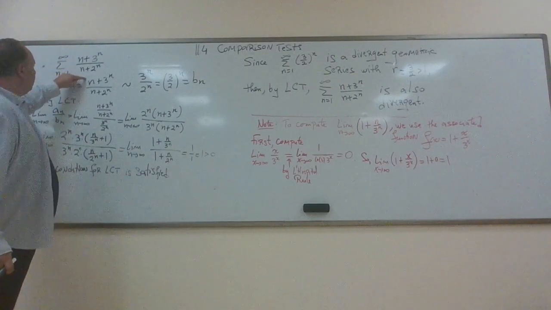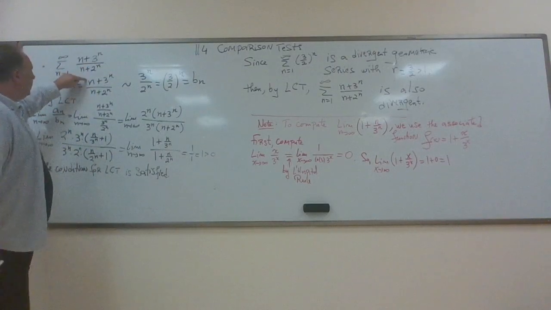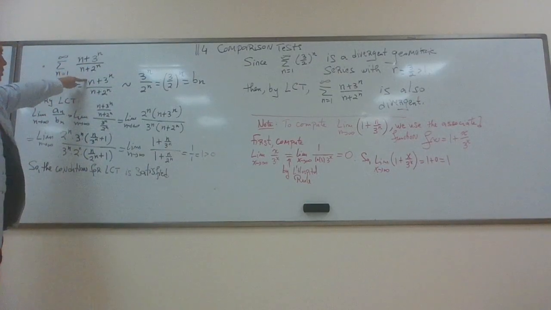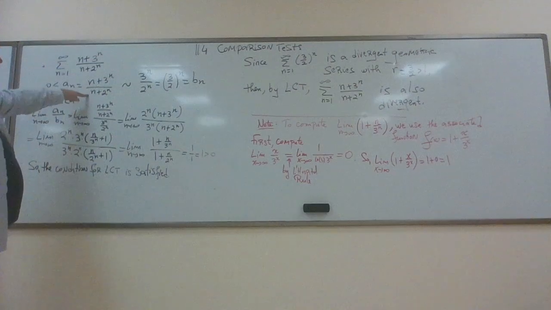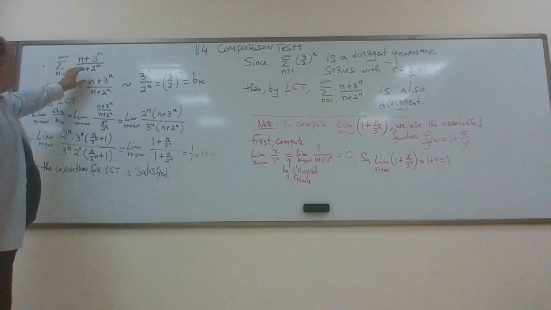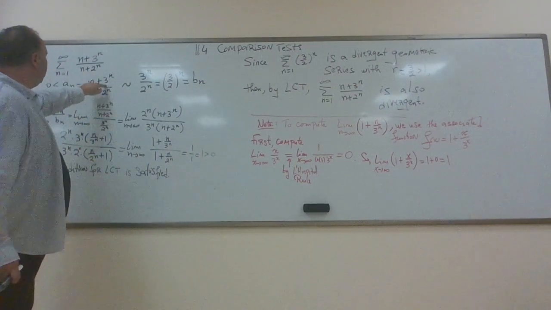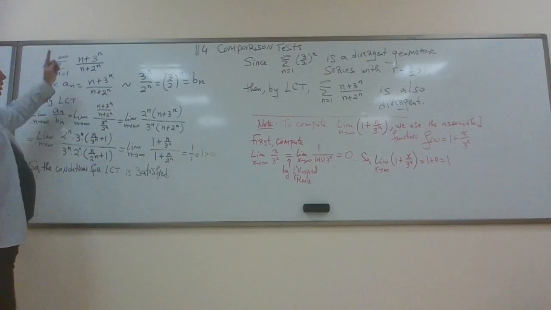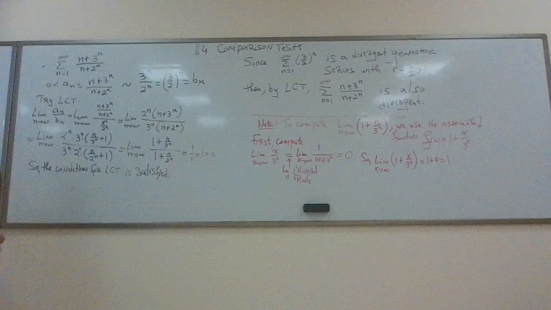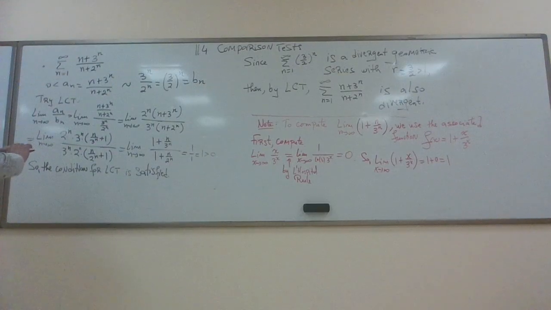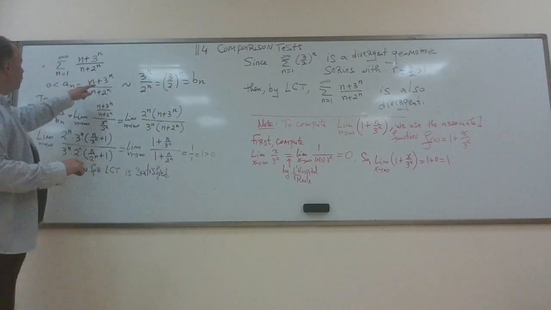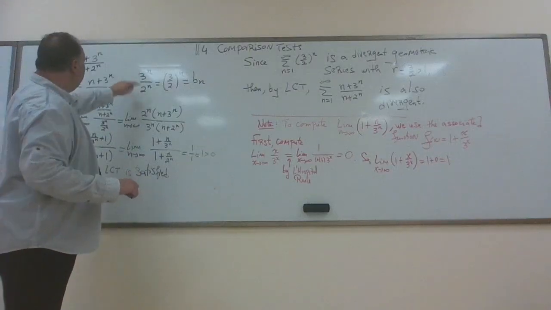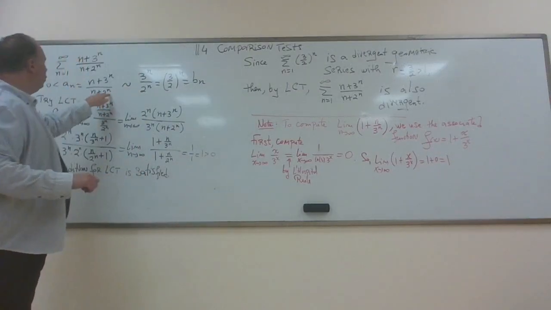The procedure as usual is to find the dominant term in the numerator and the dominant term in the denominator. Upstairs the dominant term is 3 to power n, obviously. Exponential is bigger than polynomial of degree 1. So 3 to power n, and downstairs the dominant term is 2 to power n.